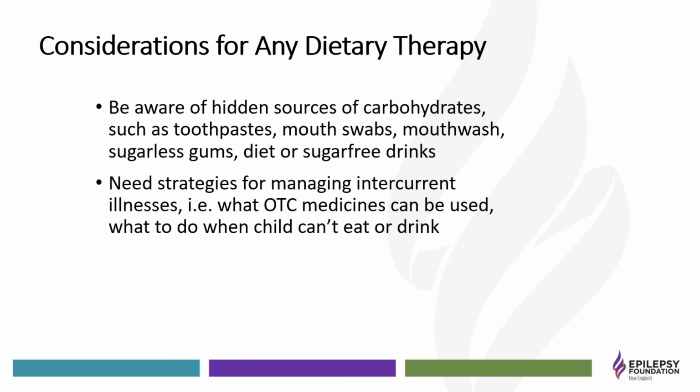But there's so many other things besides food that you have to be careful about, particularly on the ketogenic. And some of those are listed here. How many of you think about the toothpaste you use every day or the mouthwash? These have hidden sources of carbohydrates. What about over-the-counter medicines?